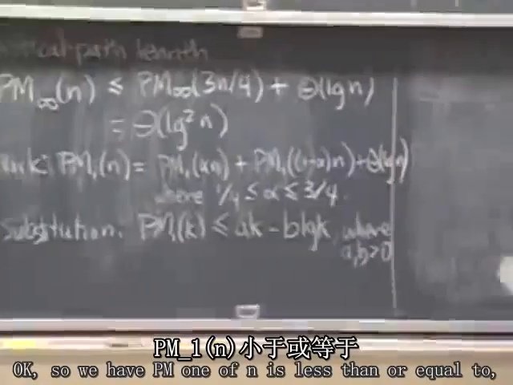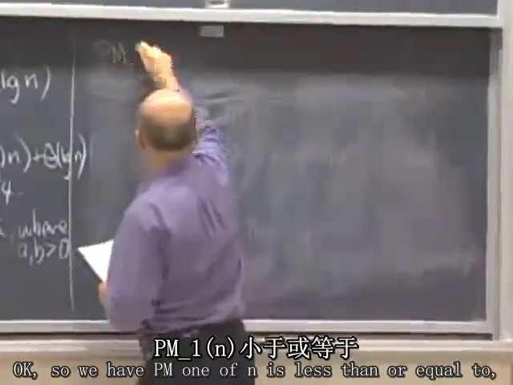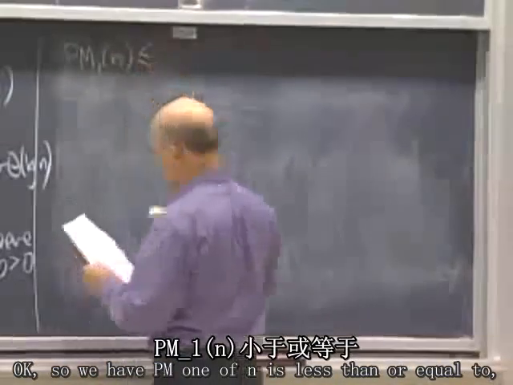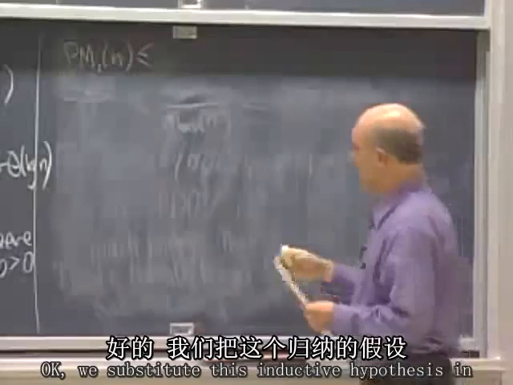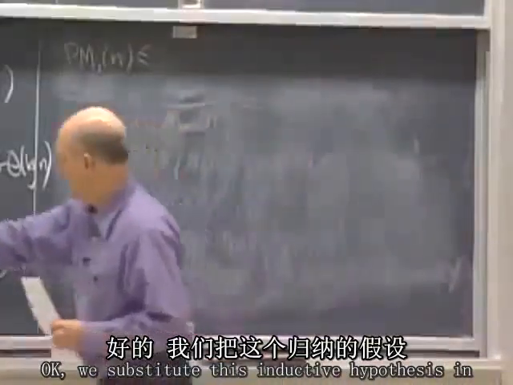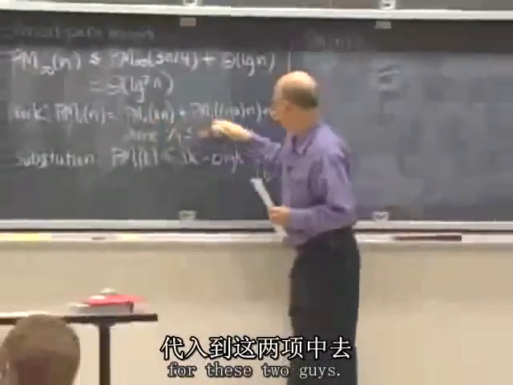Okay, so if P m 1 of n is less than or equal to, okay, substitute this inductive hypothesis in for these two guys.